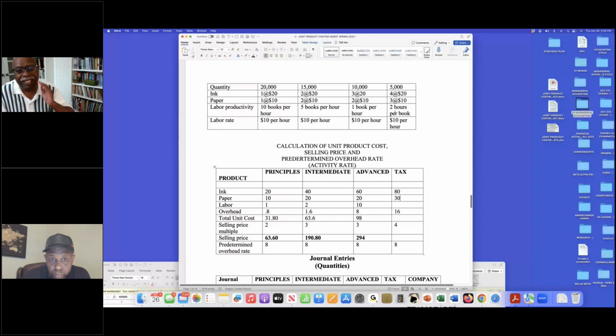What's your total cost? I'm adding up all of them together, including the overhead, like you're always supposed to be doing. That's 146, right? Yes. What's your selling price going to be? 584.